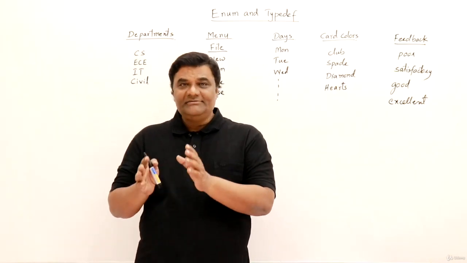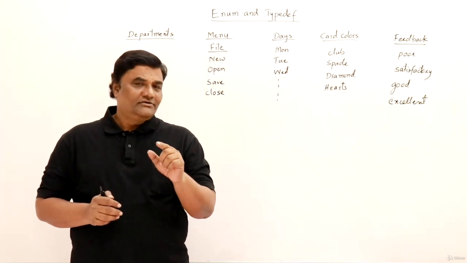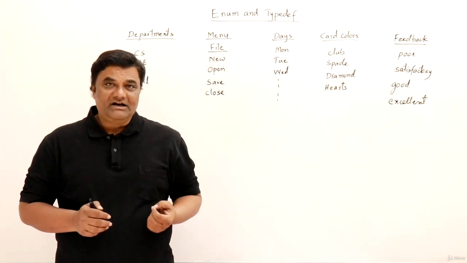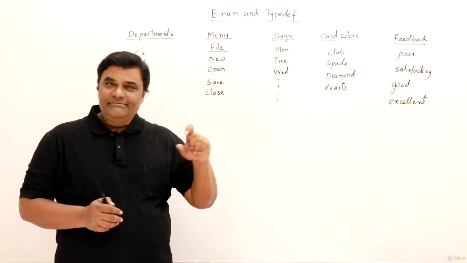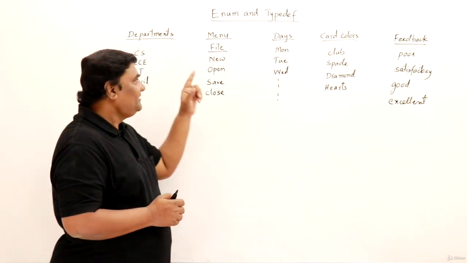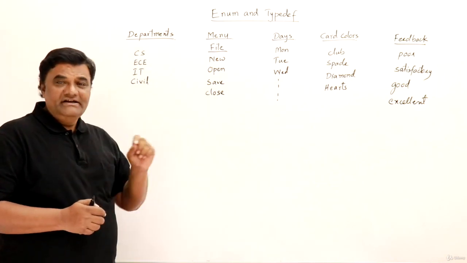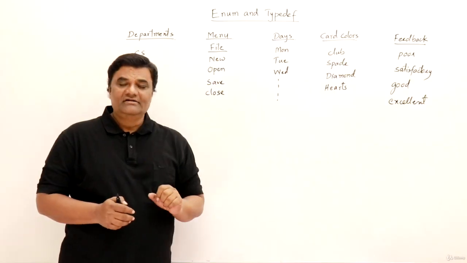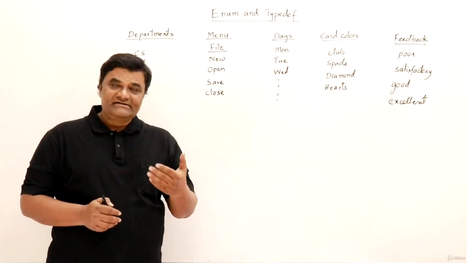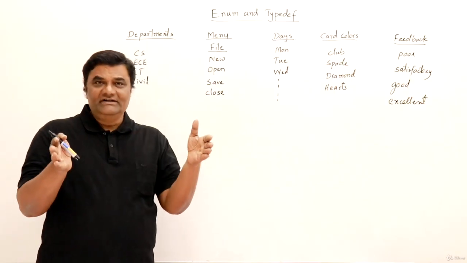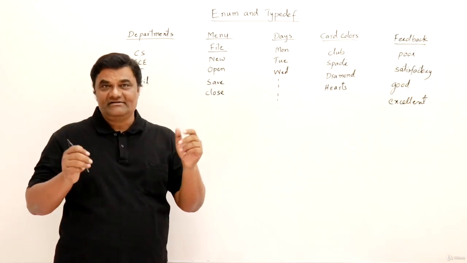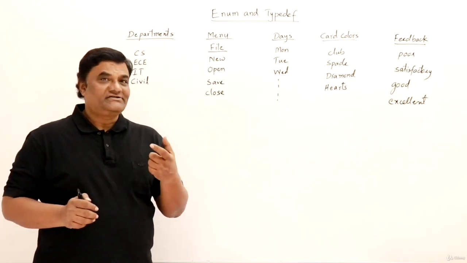Now the question is, how do you represent department? Will you write the name of the department? Then it will be a string. ECE is a string. Working with strings is a little time consuming because it's not one letter, it's a set of characters. We want to make it faster.